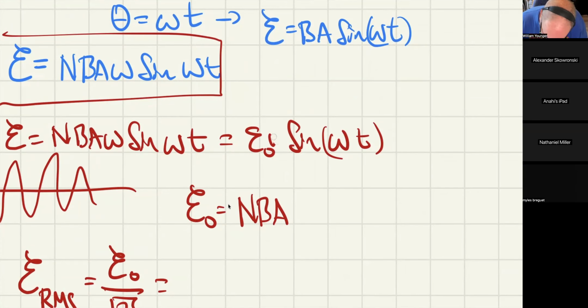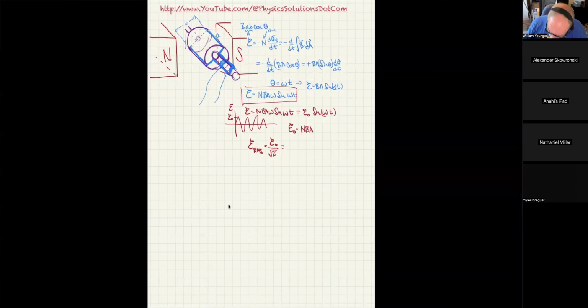I looked up and saw something and thought maybe I wrote it wrong, but it was actually written right the first time. So it is actually N times B times A times omega. I looked at it and they put an omega between the B and the A, and I didn't realize that. So this is going to be N times B times omega times A over the square root of 2.